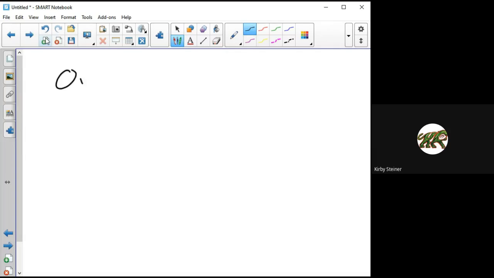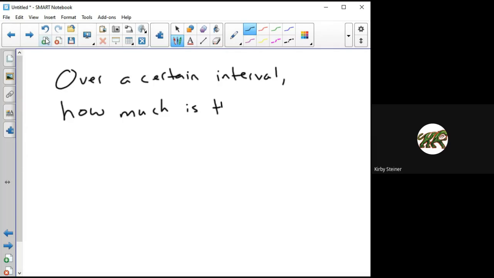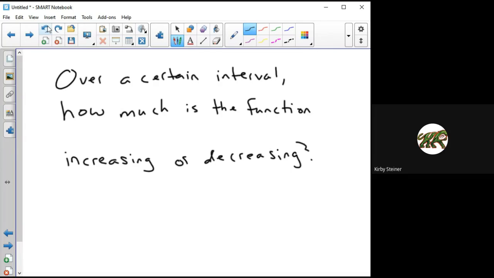Over a certain interval, how much is the function increasing or decreasing?